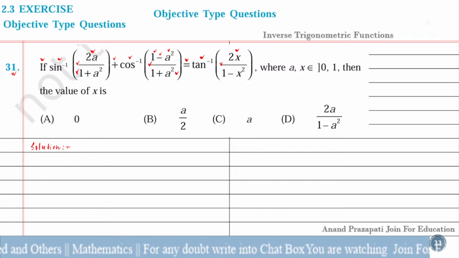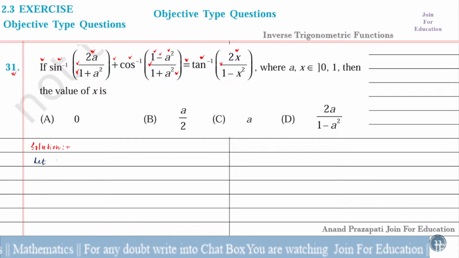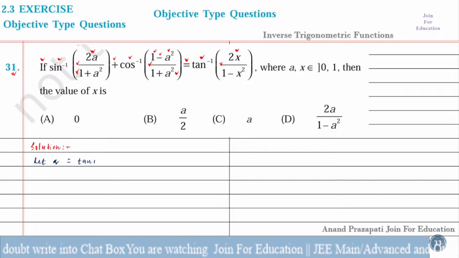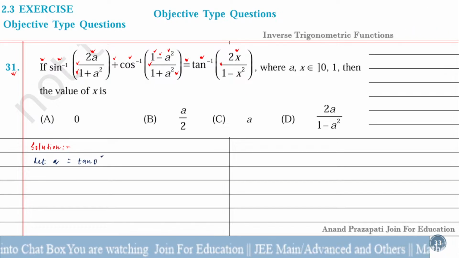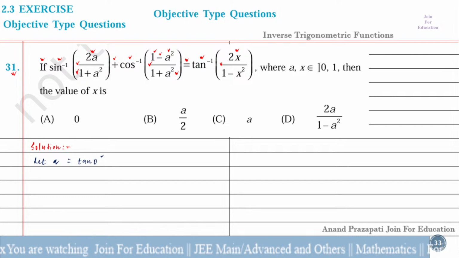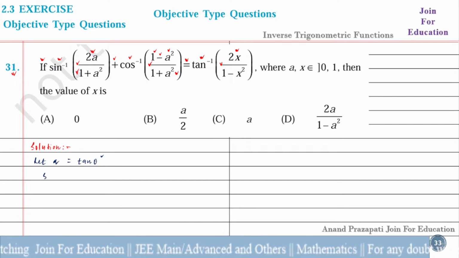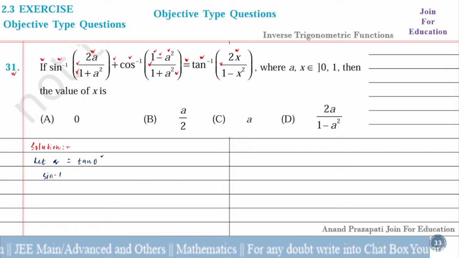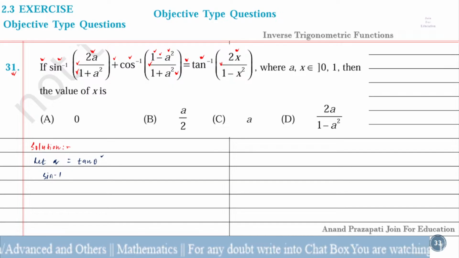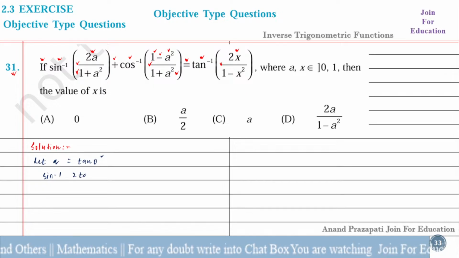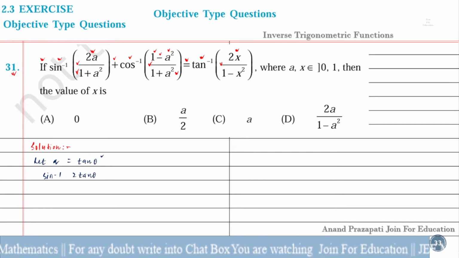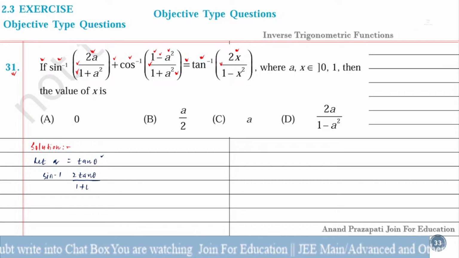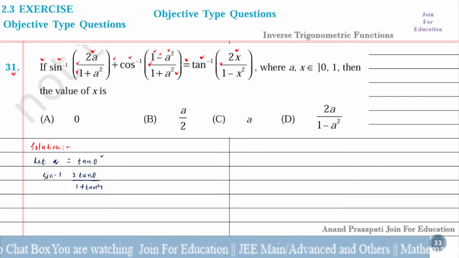Let a equal tan theta. Therefore, here will be sine inverse, and instead of a, we put tan theta, so 2 tan theta by 1 plus tan square theta.